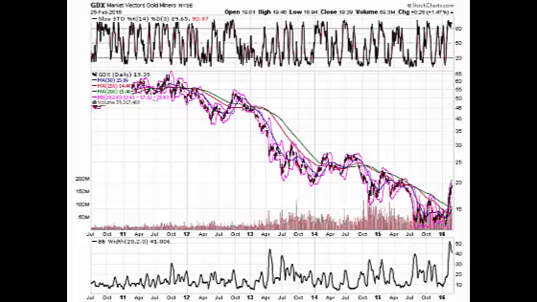And again, I'm expecting a pullback at some point, because this is a non-stop run-up we've seen over the past, let's say, 4, 5, 6 weeks.